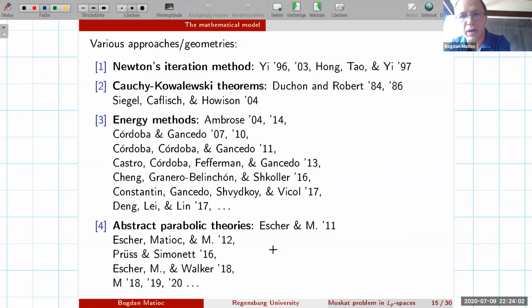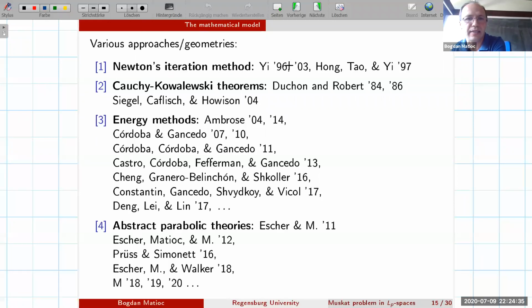So this problem is quite old, but the results on the problem are actually quite recent. Many results are very recent, and this problem has been considered in various geometries and with different approaches. On this slide, I have four groups which work with different techniques, and the list of references here is not complete.